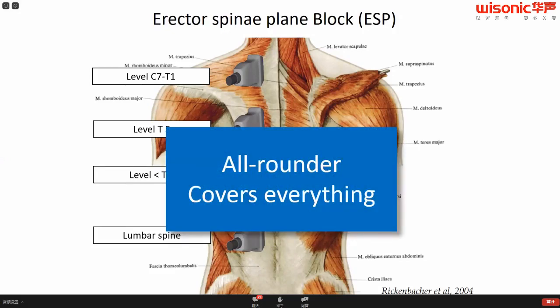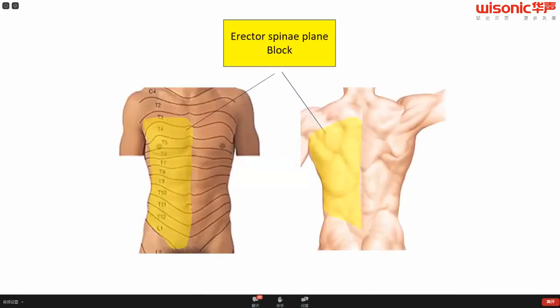It's a so-called all-rounder among the truncal blocks. You can use it for analgesia after thoracic surgery, abdominal surgery, and upper limb surgery. Depending on where you do your block, you can cover an area starting from the cervical to the lumbar area.